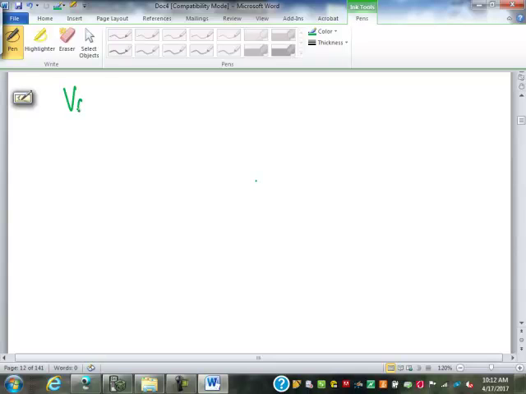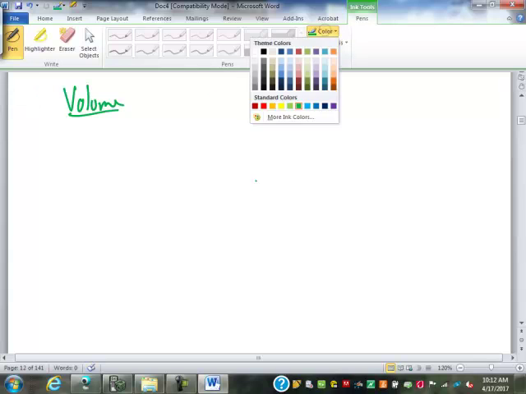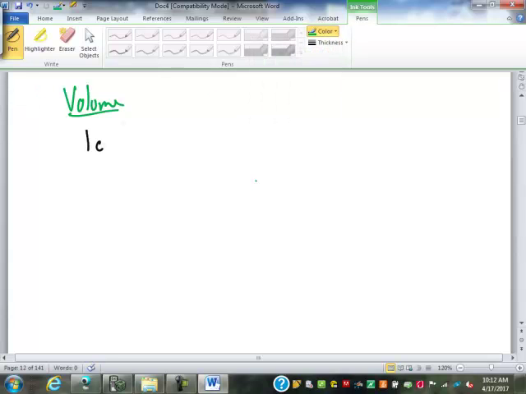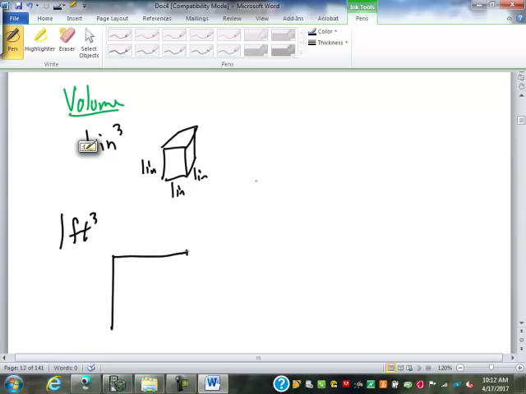Volume. Same thing. For standard, 1 cubic inch or 1 inch cubed is defined to be 1 inch by 1 inch by 1 inch. One cubic foot or 1 foot cubed is 1 foot by 1 foot by 1 foot.